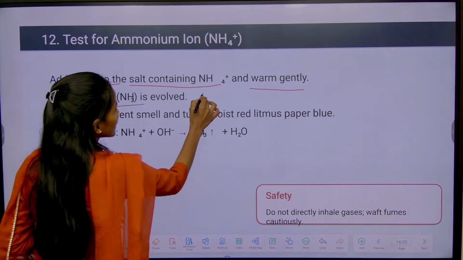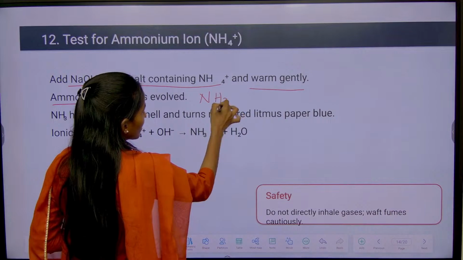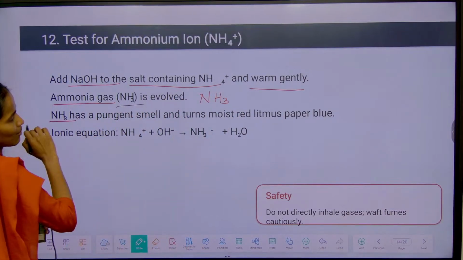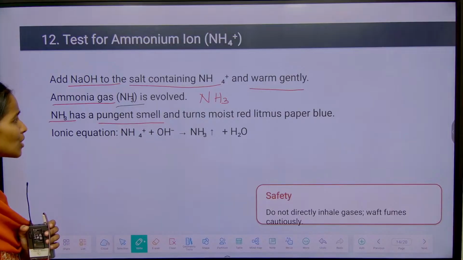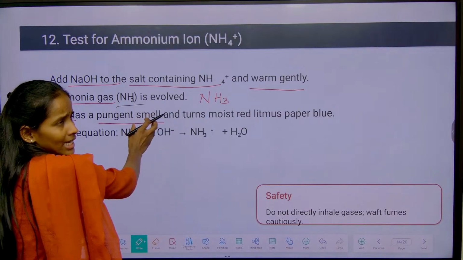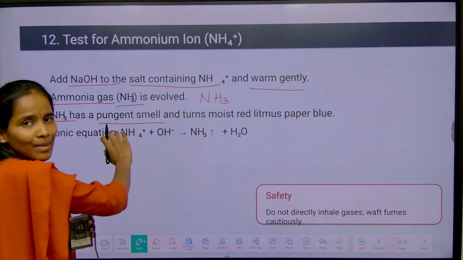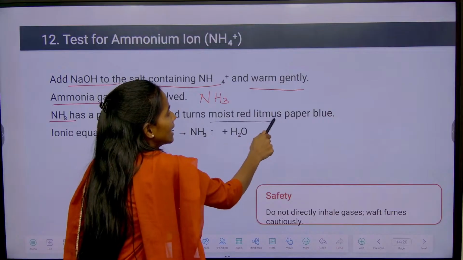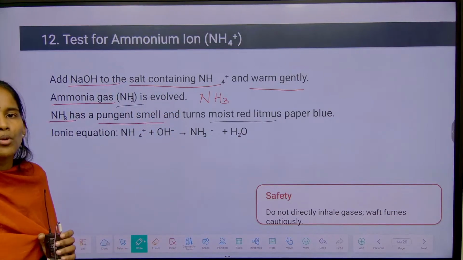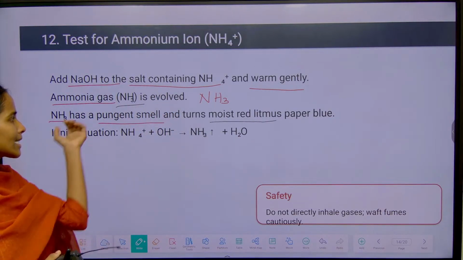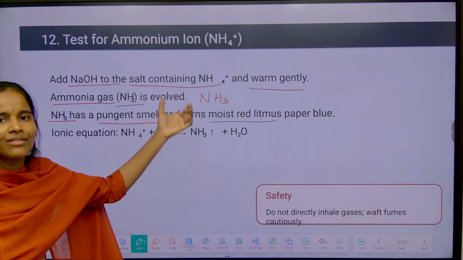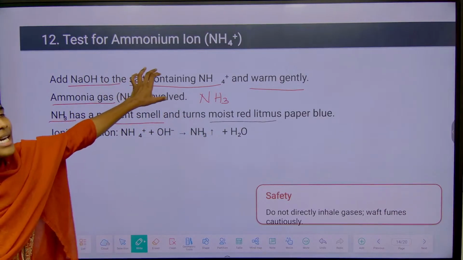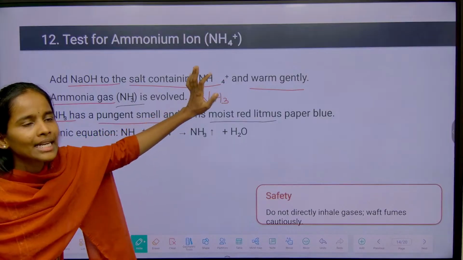NH3 ammonia gas releases a pungent smell. Along with that, as it is basic in nature, it turns red litmus paper blue. So by this color change and this smell, based on these two observations, we can say that yes, the given salt contains NH4+ cation.